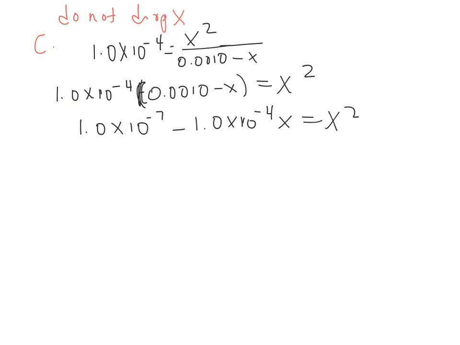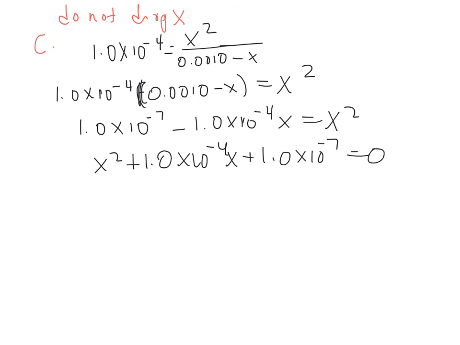Put them all on the same side, put them on the right. So you have x squared plus 1.0 times 10 to the minus 4x plus 1.0 times 10 to the minus 7 equals 0.